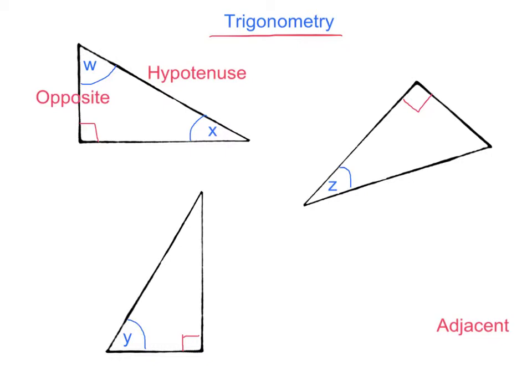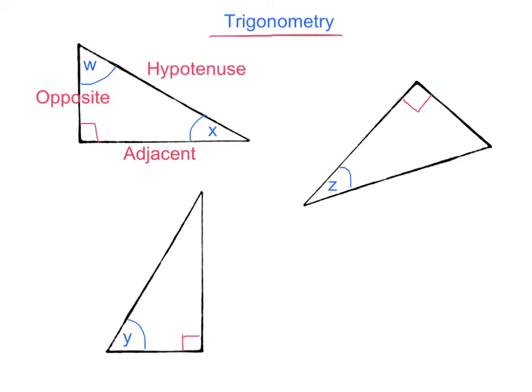The adjacent side then is the one that's left, which must be this bottom side, but adjacent actually means next to, so this side here is sort of next to angle X, whereas the opposite side is opposite angle X.